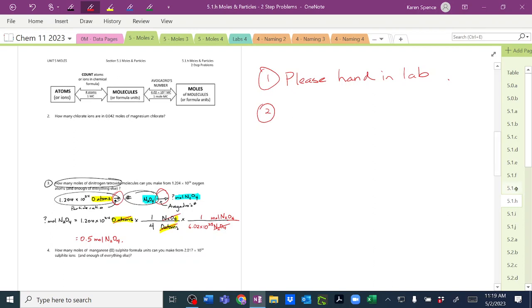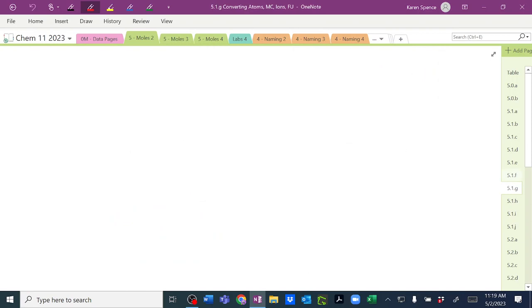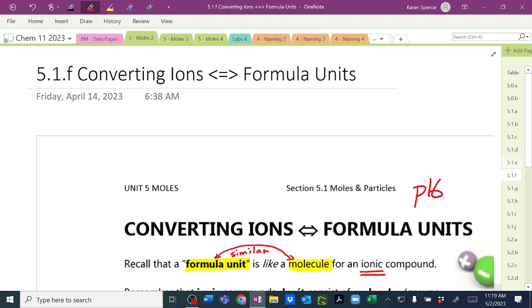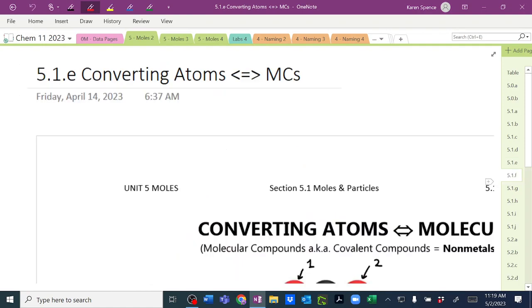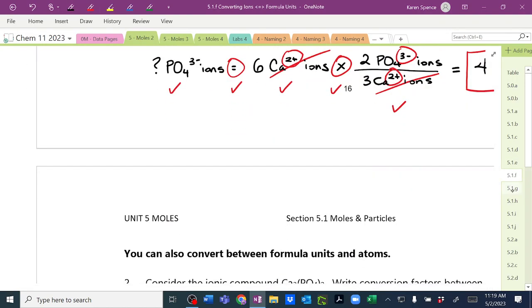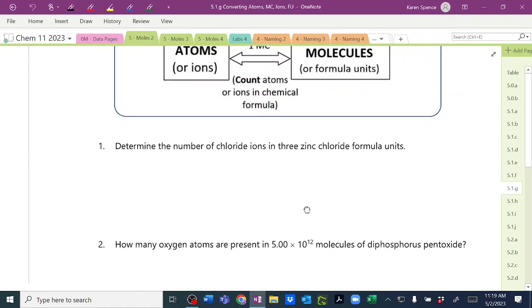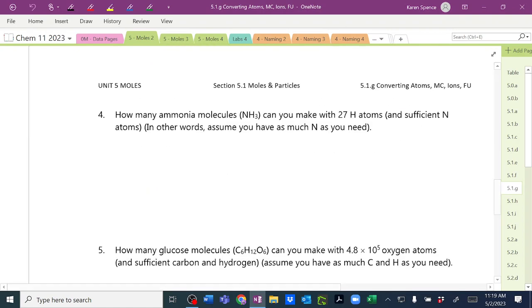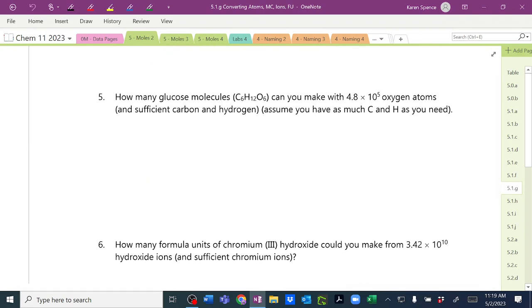Second, we're going to do 5.1g, numbers 1 through 4. I'll write it up here.